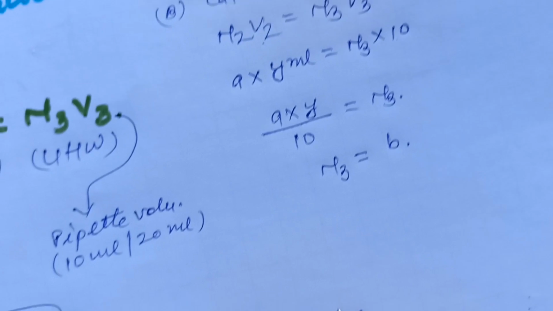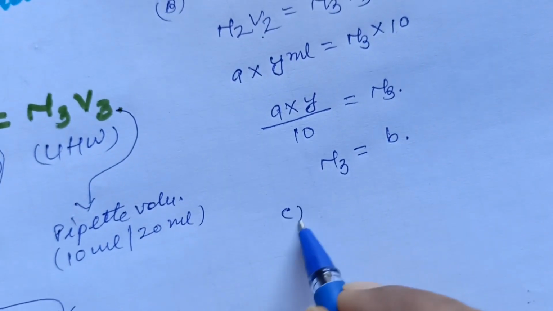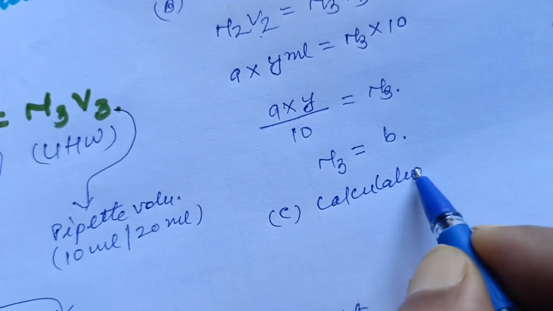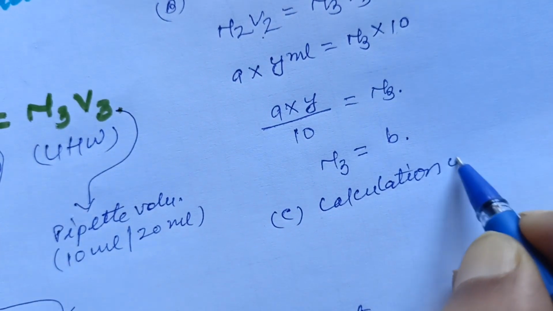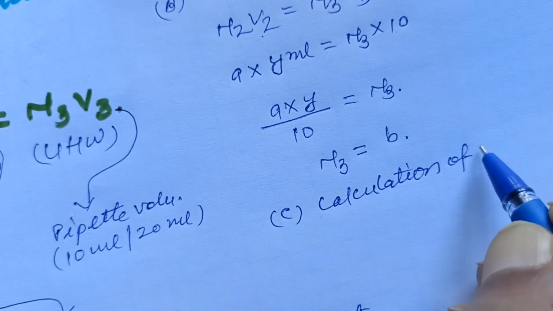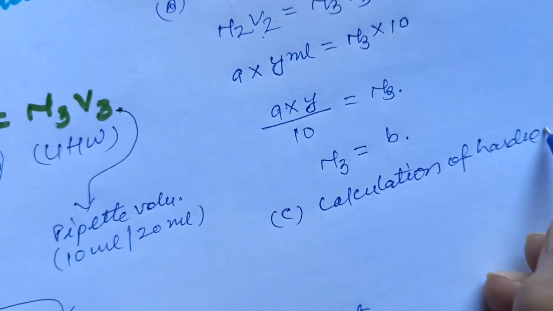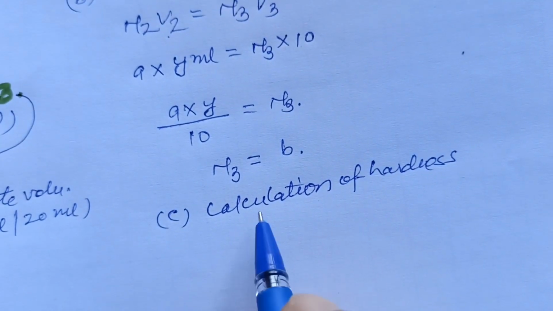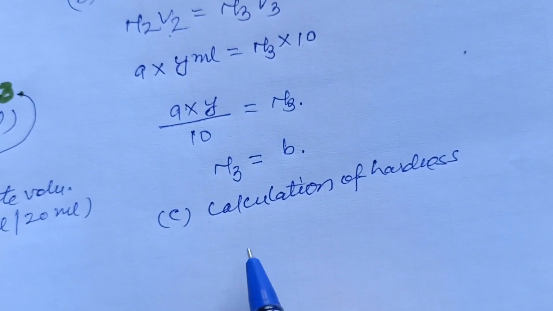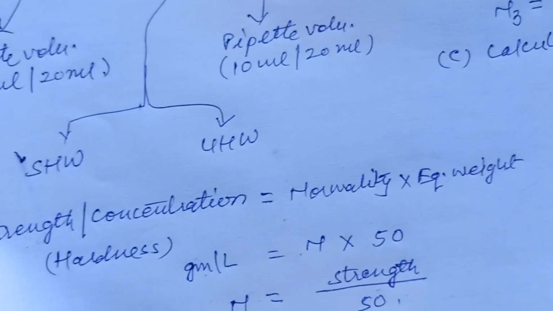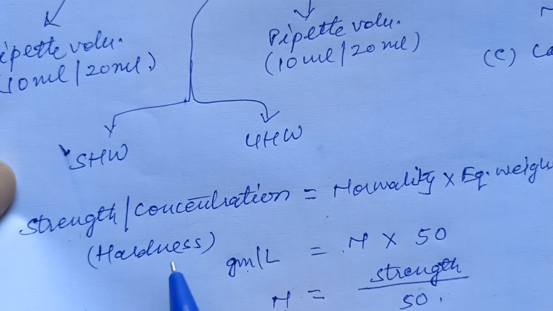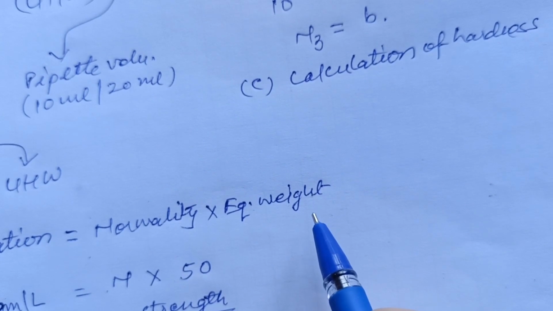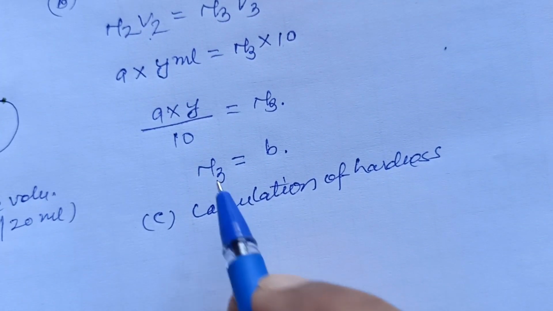After this, step C, the third step, calculation of hardness of the unknown hard water sample. What is the formula? Strength or concentration, or in this case hardness, equals normality into equivalent weight. We have normality in the form of N3.